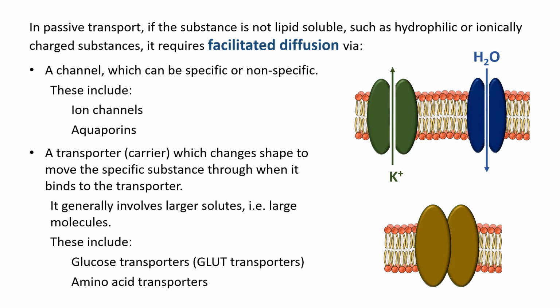It includes things like glucose transporters, aka GLUT transporters, or amino acid transporters. And what happens is the substance binds and gradually gets moved through. So it's less like a channel, it is more like a sort of squeeze it through method.